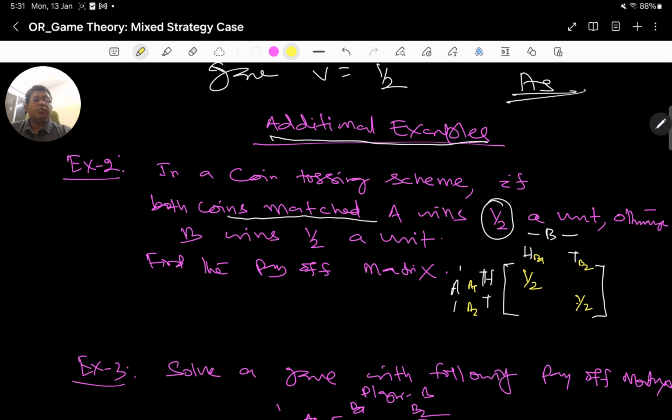Now the moment B wins, it doesn't match, meaning head and tail, so B wins means minus half. Minus half here too. You resemble it with A11, A12, A21 and A22 and continue to solve.